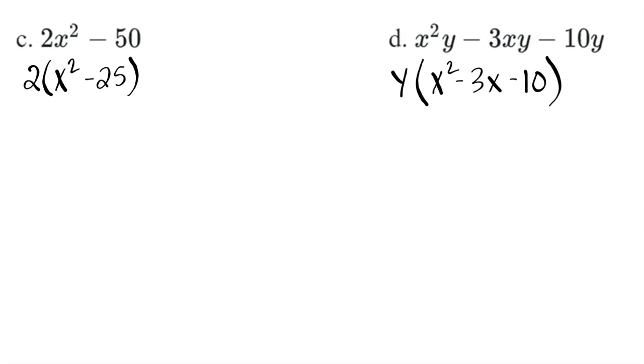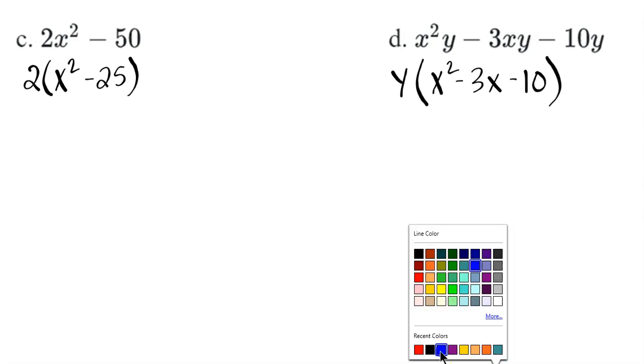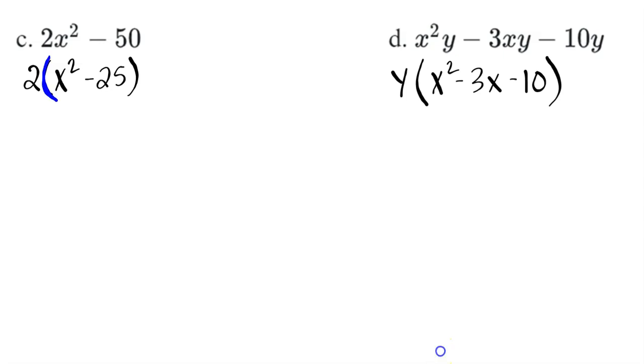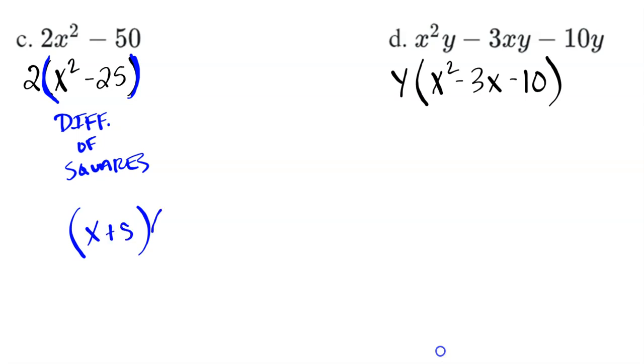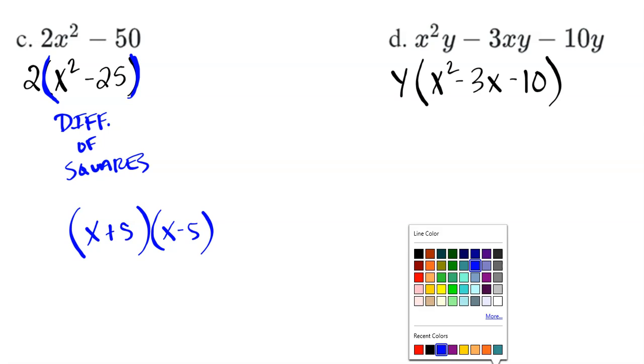Okay, so now, once again, we're doing the same sort of thing. I'll do these in blue. Some people like blue more. Okay, and this is x squared minus 25, which is the difference of squares. Which, as we know from before, is just going to be x plus 5 times x minus 5, and all of that is then times 2.